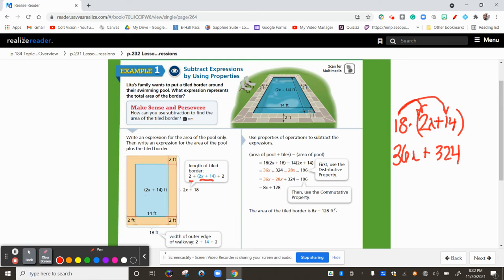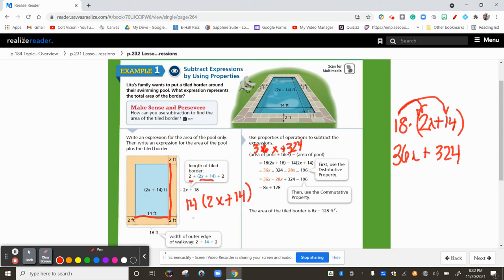The water part is 14 times 2x plus 14. So that's where they get this part here. The area of the whole pool is 36x plus 324, and the area of the water would be 14 times 2x plus 14.